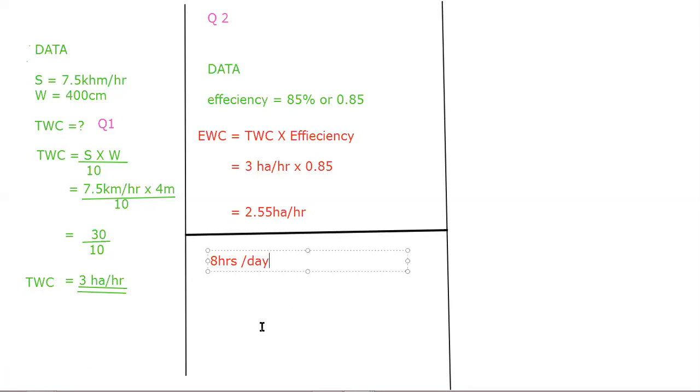Now we want to look at a day for these guys. In 1 hour, they were able to plow 2.55 hectares per hour.